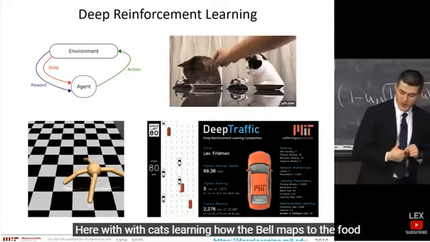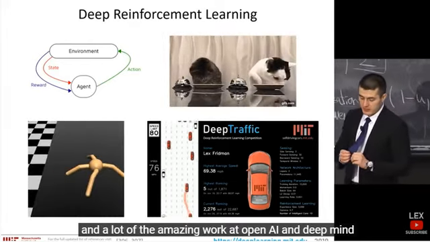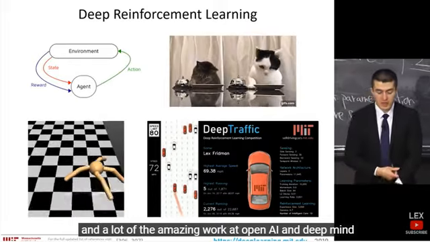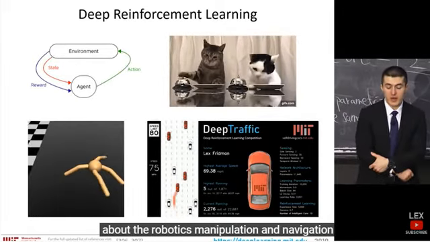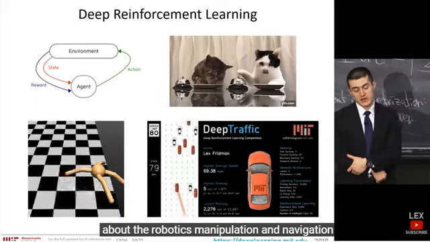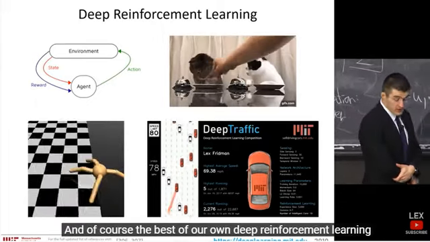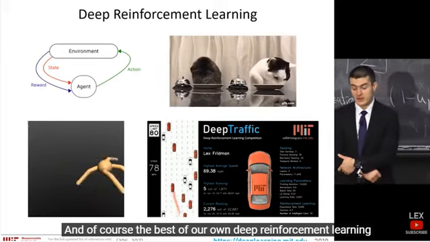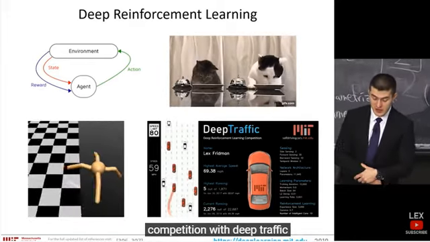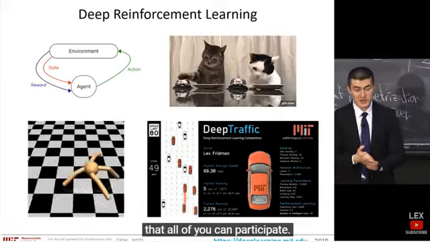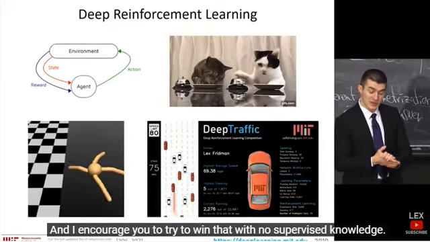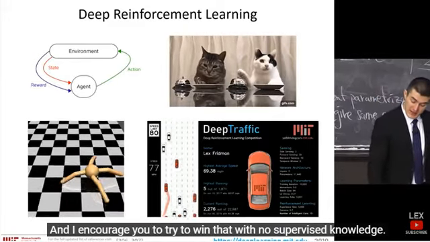Here with cats learning how the bell maps to the food, and a lot of the amazing work at OpenAI and DeepMind about the robotics manipulation and navigation through self-play in simulated environments. And of course, our own deep reinforcement learning competition, Deep Traffic, that all of you can participate in, and I encourage you to try to win that.